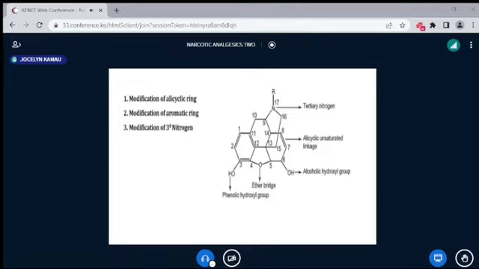This is the alicyclic unsaturated linkage. We can also do a modification at that position. There's also our alicyclic ring here. The whole of this ring is an alicyclic ring. It's a cyclohexene ring. So we can do modification on that ring at that double bond and also at position number 6.